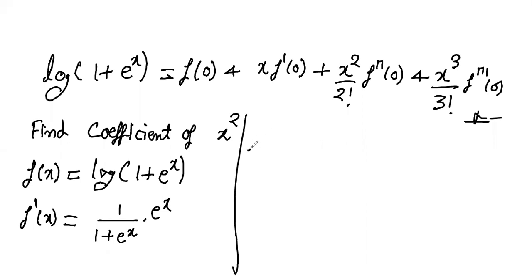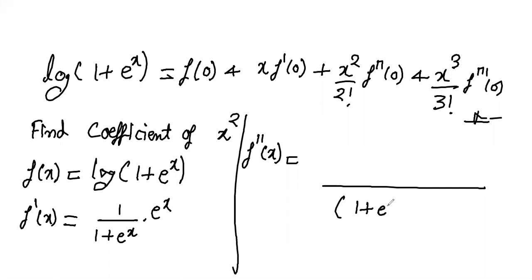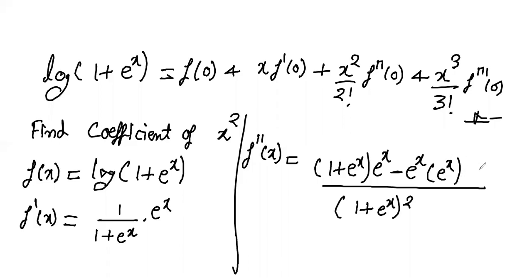Then f double dash x is, by the quotient rule, denominator square 1 plus e raised to x square, and 1 plus e raised to x times the derivative of e raised to x, which is e raised to x, minus e raised to x times the derivative of 1 plus e x, which is again e x.